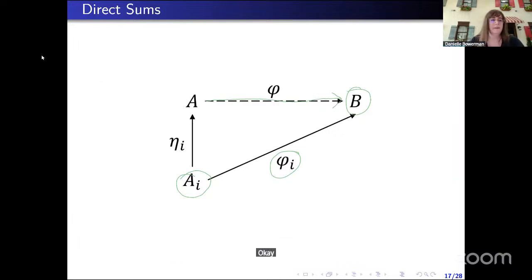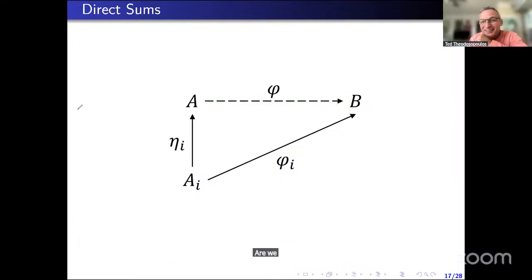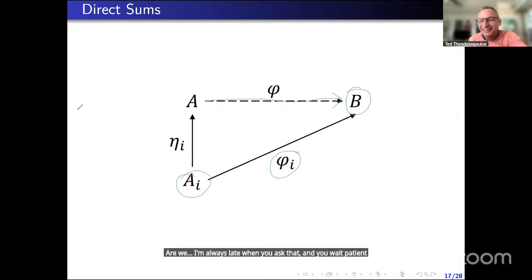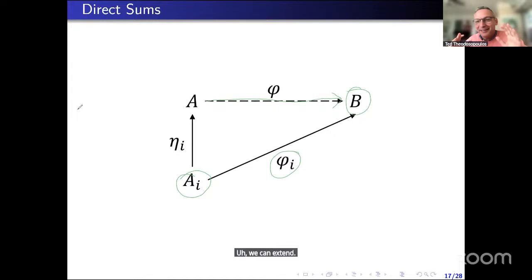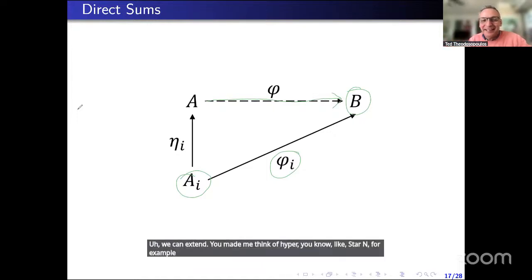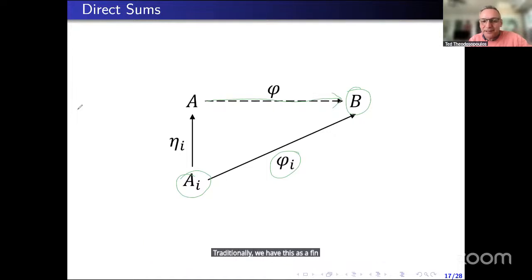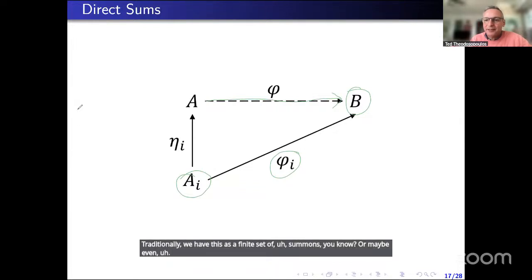Okay. I'm always late when you ask that, and you wait patiently. But I'm wondering, is this something that we can extend? You made me think of hyper, like star n, for example. Traditionally we have this as a finite set of summands, or maybe even a countable one.